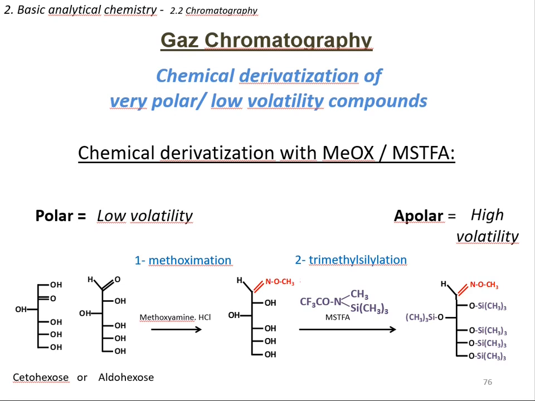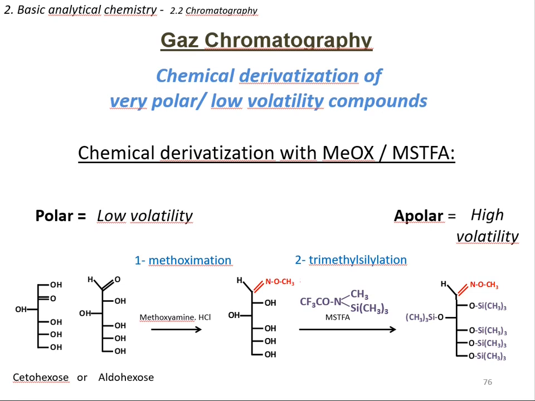First you will neutralize the carbonyl function, which means the aldehyde or the ketone function, with methoxyamine. So you will transform C=O into C=N-OCH3. So instead of C=O, which is quite polar, you will have OCH3, which is non-polar.